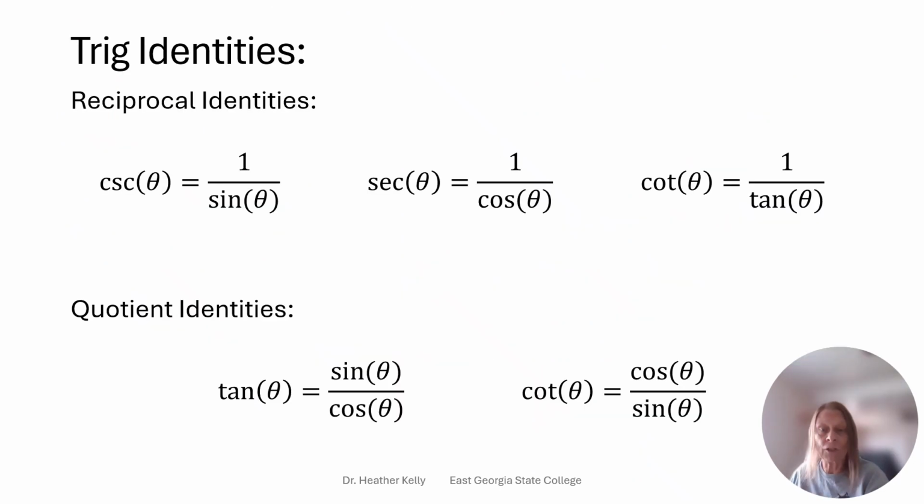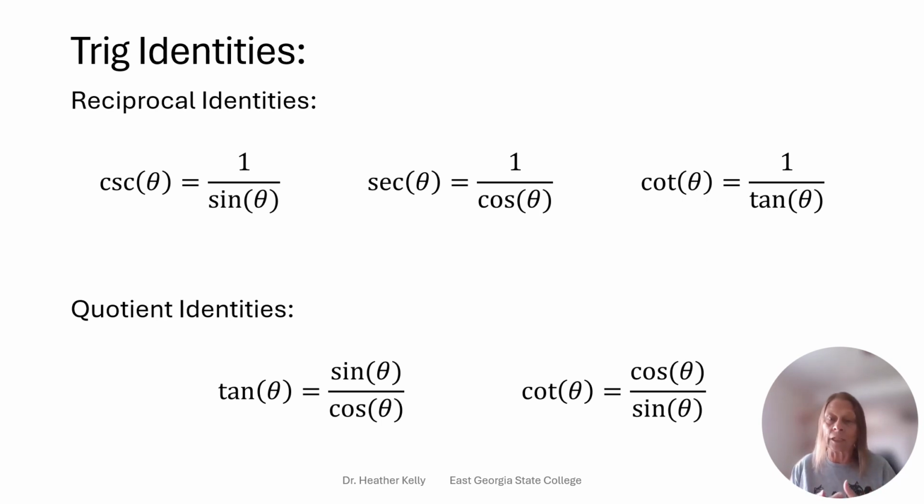Well, let me officially tell you about these reciprocal identities. Okay, so the cosecant, as I have said, you know that they're reciprocals of each other. The cosecant is the reciprocal of the sine, the secant is the reciprocal of the cosine, and cotan is the reciprocal of the tan. Okay, we also have these other identities.